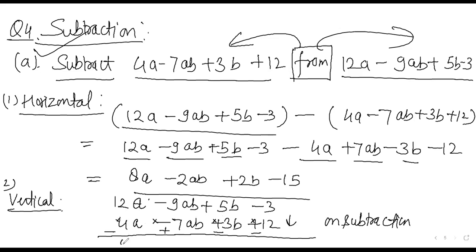So 12 minus 4 gives you 8a, this is minus, this is plus, so minus 2ab, because 9 minus 7 is 2. 5 minus 3 is 2b, and 12 plus 3 is 15, because this is minus, this is minus, so minus 15. So this is your vertical method.